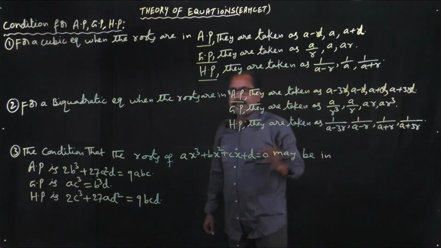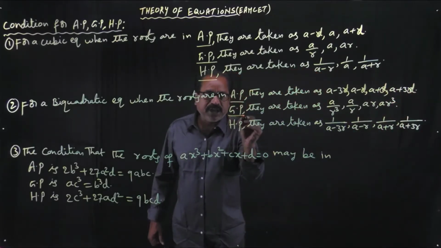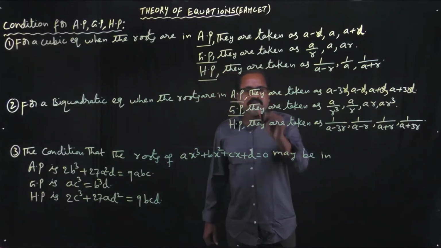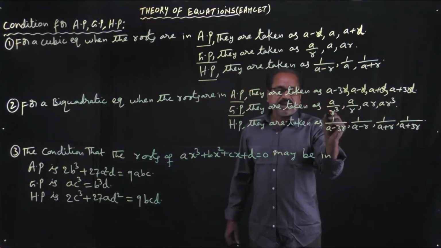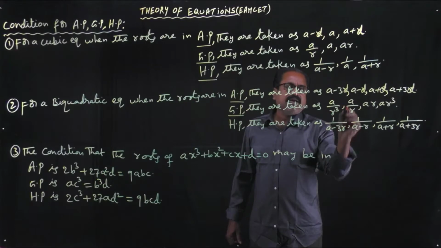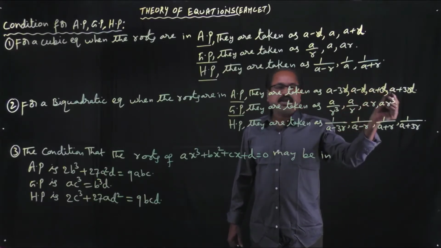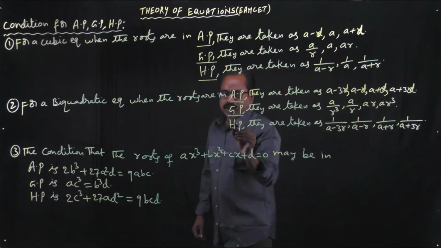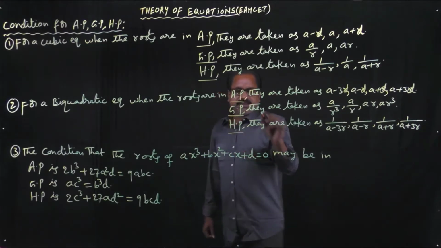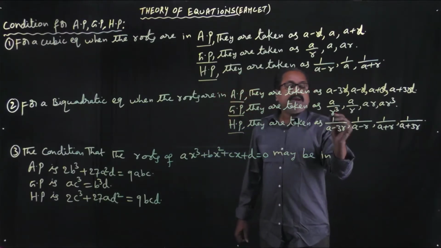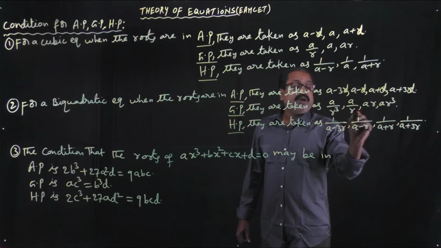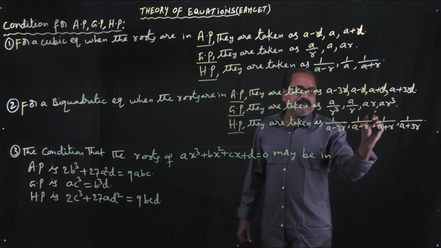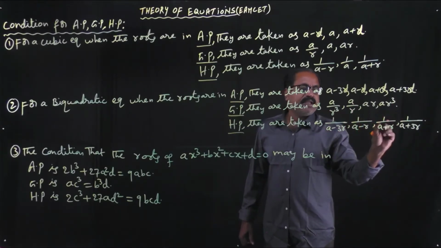Both are the same. In GP, they are taken as a by r cube, a by r, ar, ar cube. In harmonic progression, they are taken as 1 by (a minus 3r), 1 by (a minus r), 1 by (a plus r), 1 by (a plus 3r).